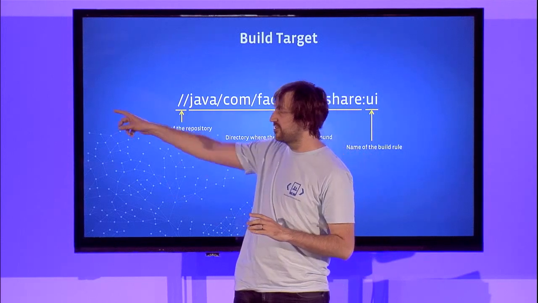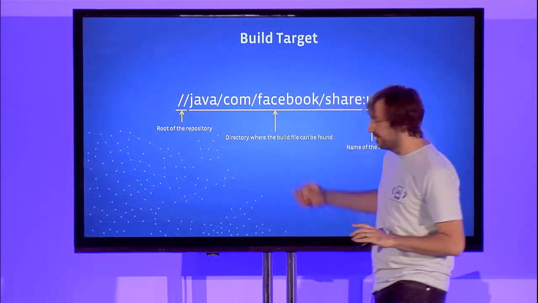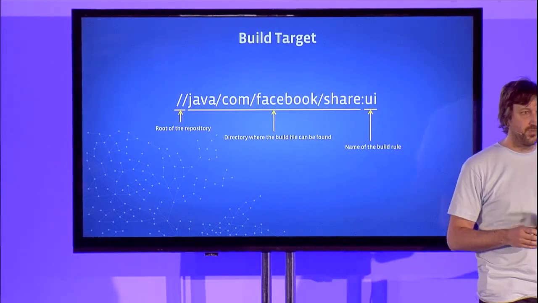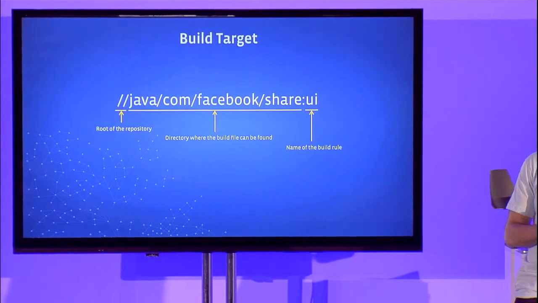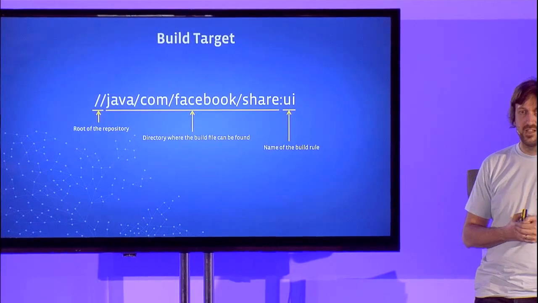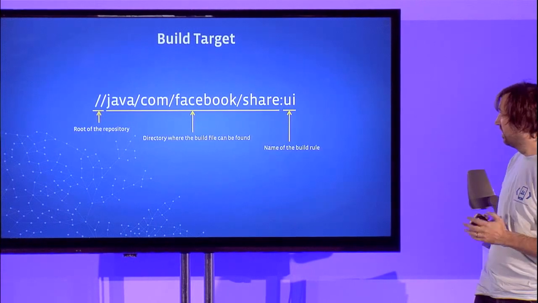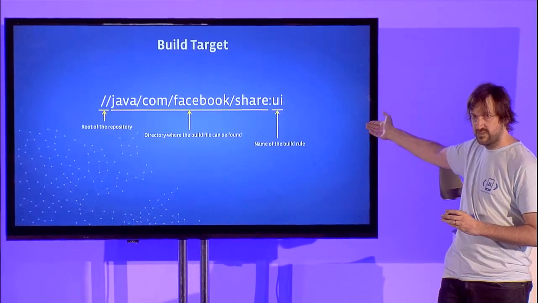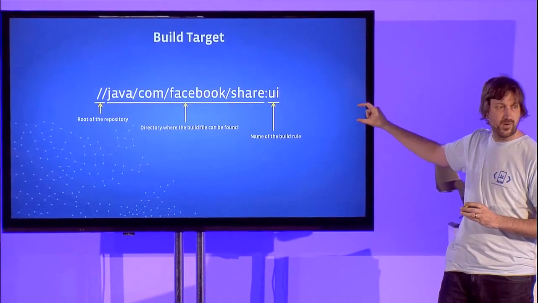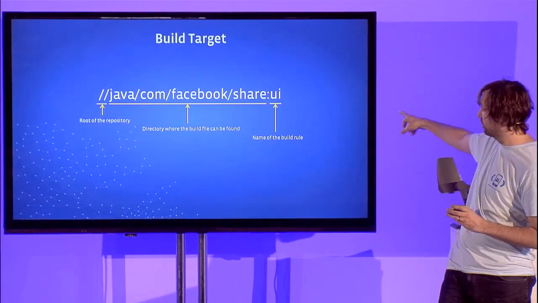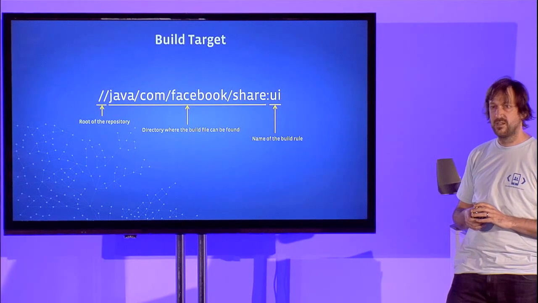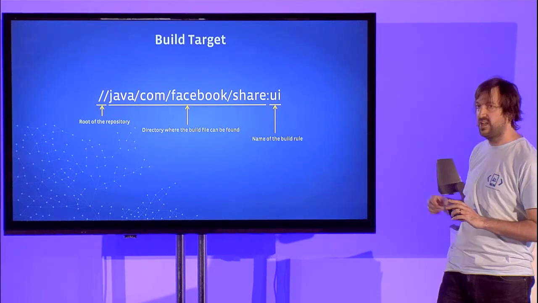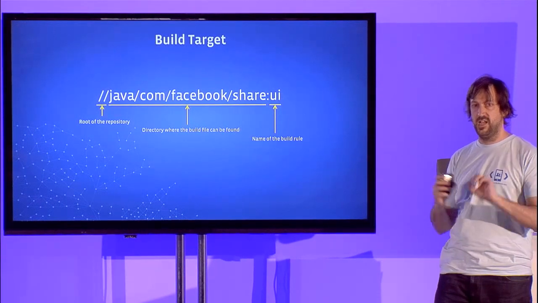The double slash means, sorry, I'm standing in front of it here. The double slash means from the root of the project directory, so from where the .git directory is, there is a directory called java/com/facebook/share, brilliant, colon, in which there is a Buck file containing a build rule called ui.